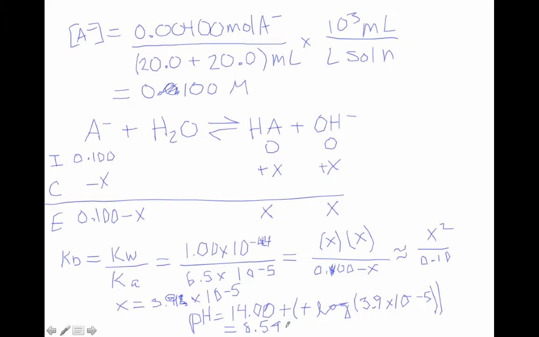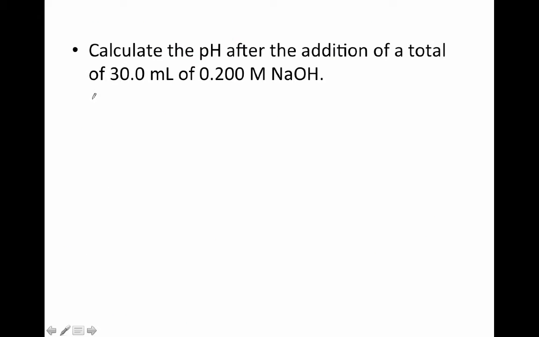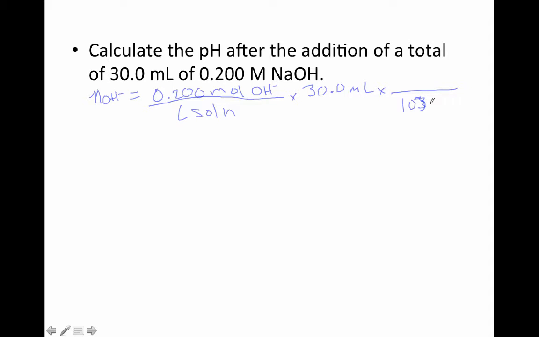The last point in this titration, where we're going to calculate the pH, is after the addition of a total of 30 mL of the 0.200 molarity sodium hydroxide. We can calculate the moles of hydroxide that have been added at this point by taking the 0.200 moles per liter of solution, multiplying by the 30 mL that have been added, where there are 10 to the 3 mL per liter of solution.